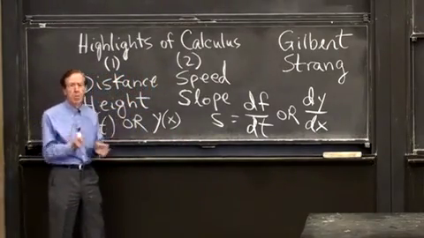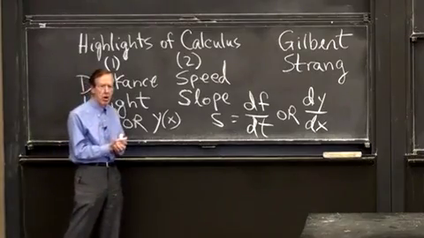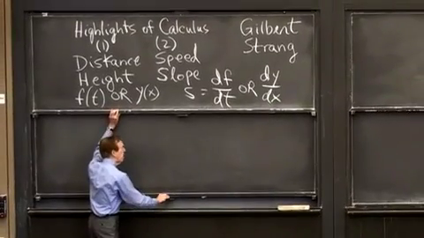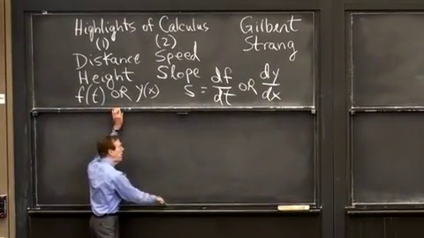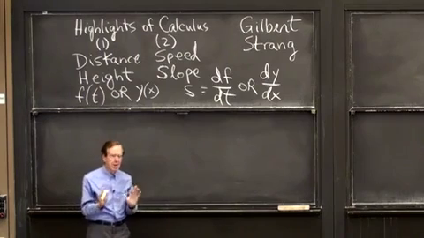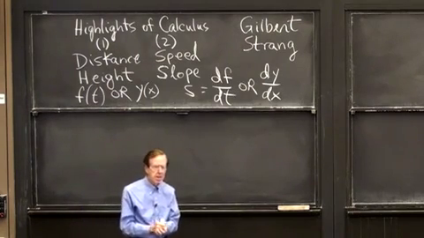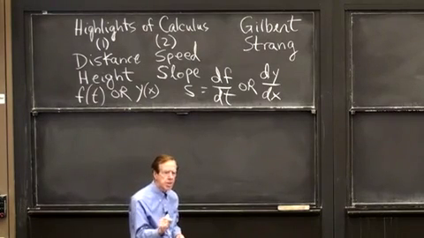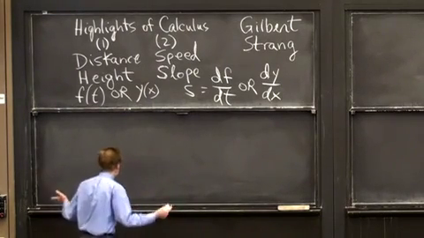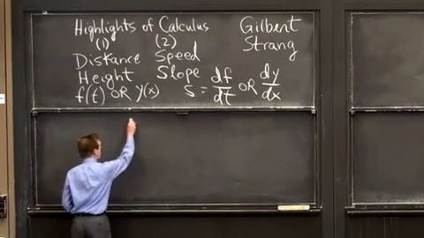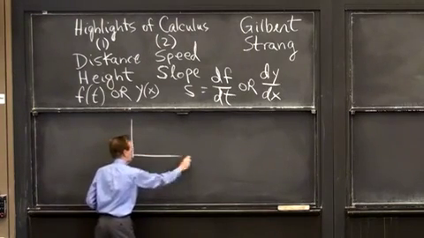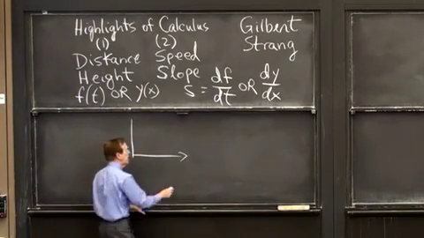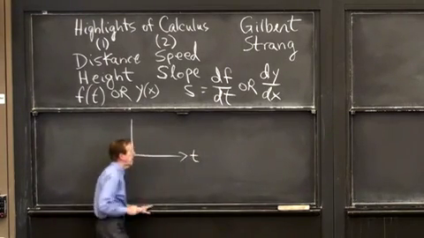May I begin with the most important and the simplest example of all? So the key example here, the one to get completely straight, is the case of constant speed, constant slope. I'll just graph that. Let's say speed.